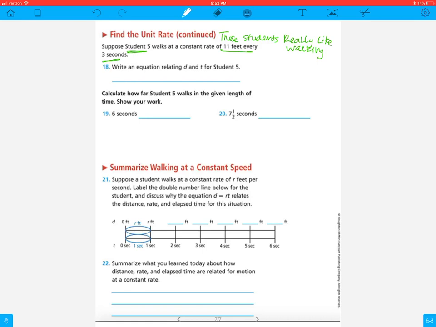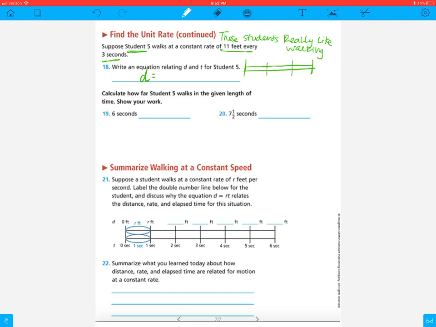So we're going to write an equation relating d and t for student 5. First thing we need to do is find how far they're walking in 1 second. We need to find the unit rate. Now I can draw myself a double number line and spread the 11 over 3 seconds.